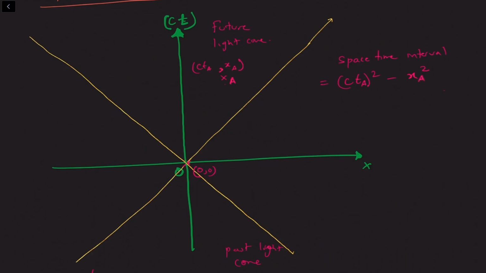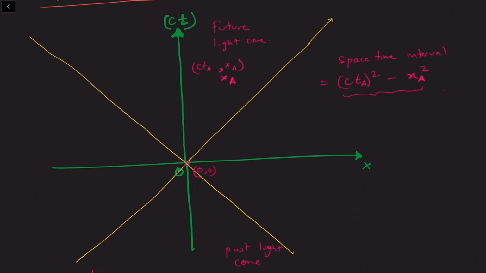Those two space-time points, the y and z coordinates don't contribute anything to the space-time interval. Okay, so this space-time interval we should really think as a measure of distance between these two space-time points.